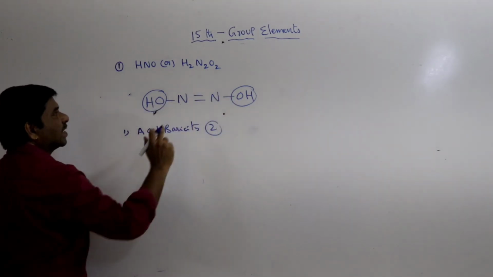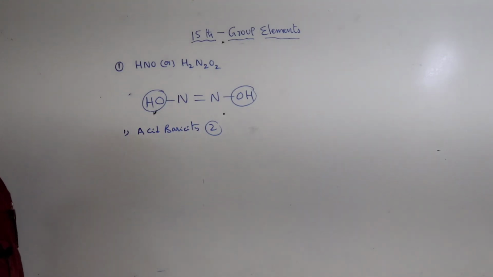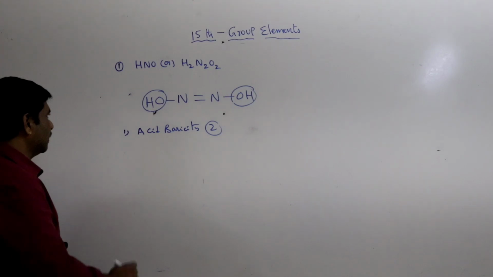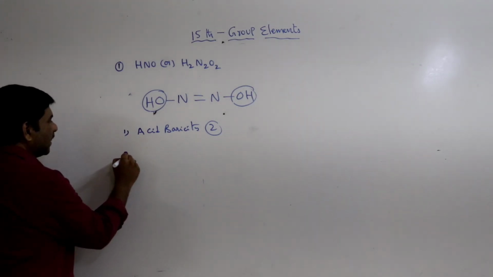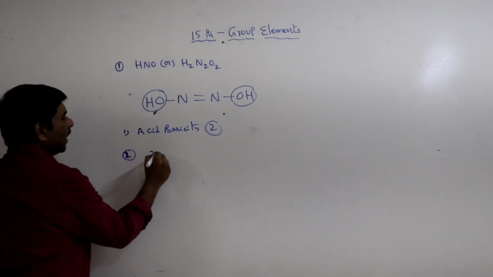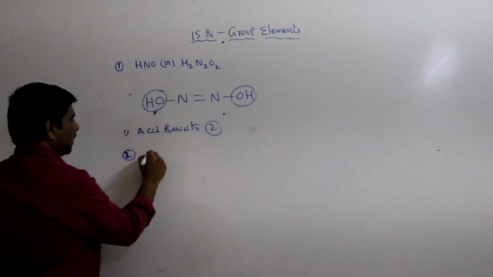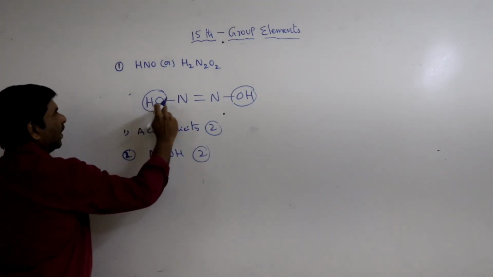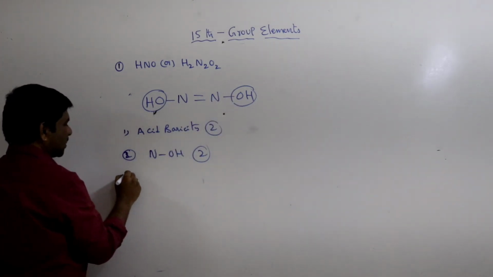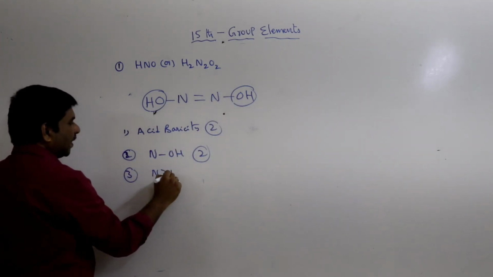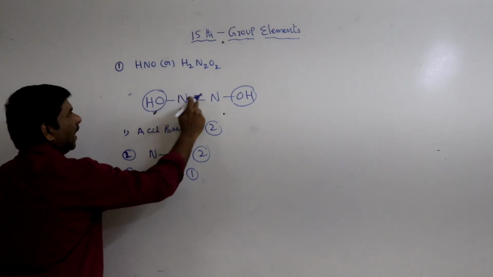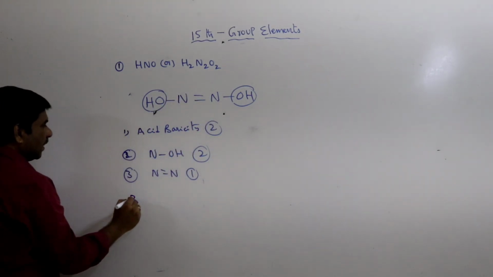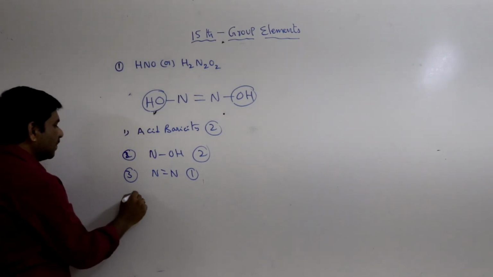The number of OH groups is called acid basicity. Its acid basicity is 2. And it has 2 N-OH bonds. N-OH bonds are 2. N double bond N bond is 1. And also here sigma bonds.